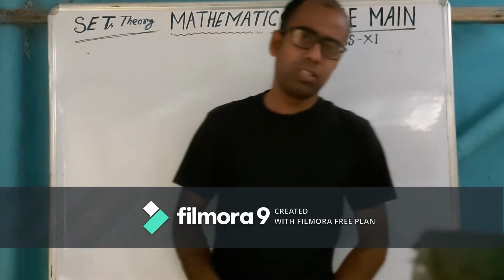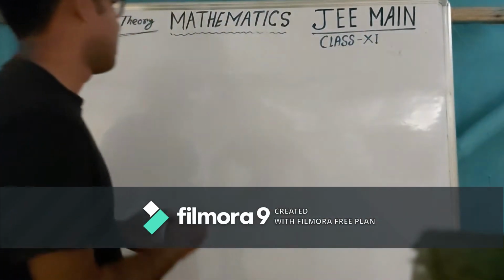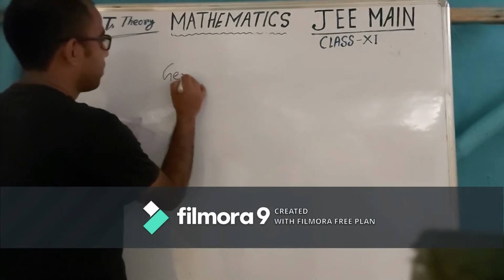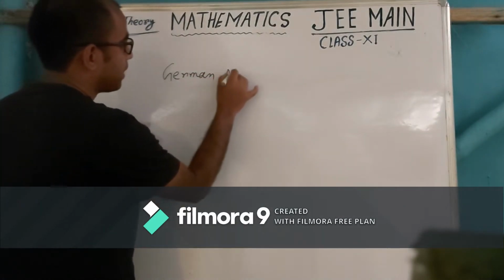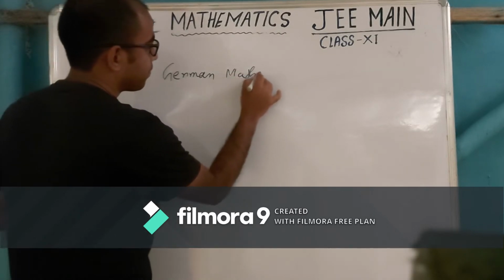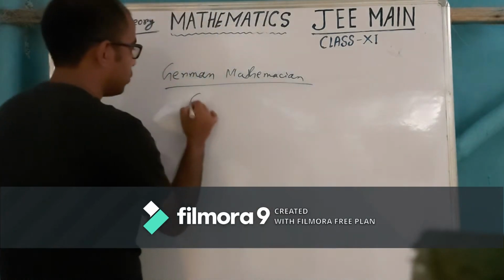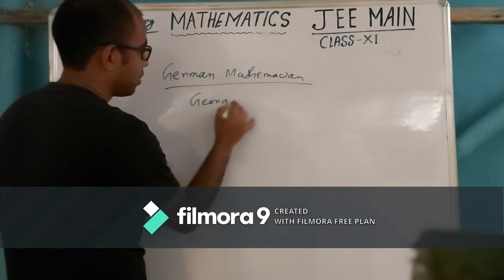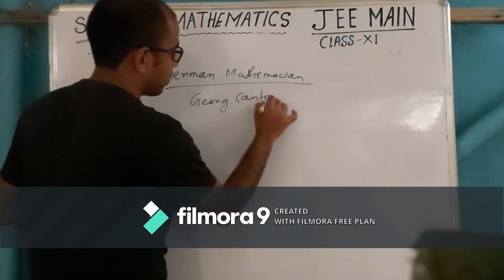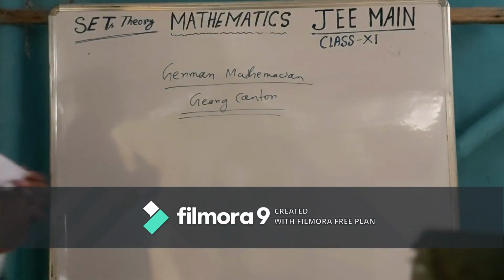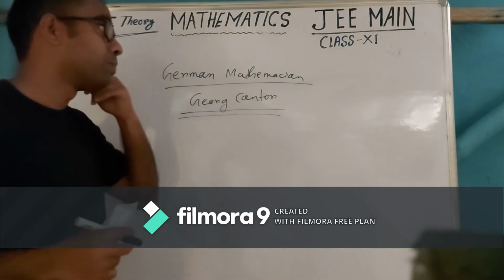First, the man who developed set theory is the German mathematician George Cantor. This man first developed the set theory concept.